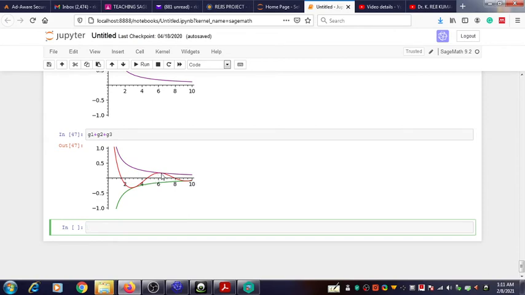So both curves approach 0, one at the upper level and another at the lower level.